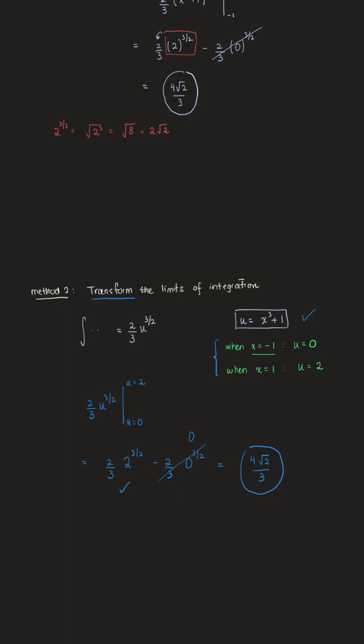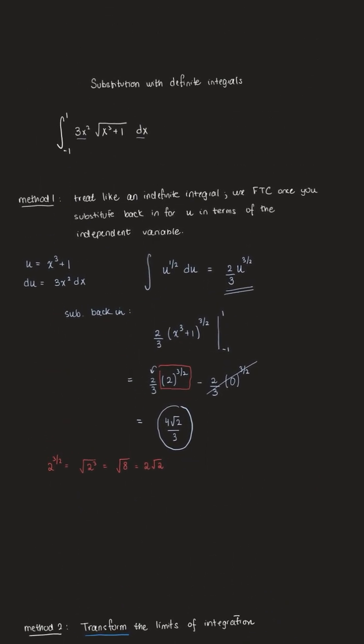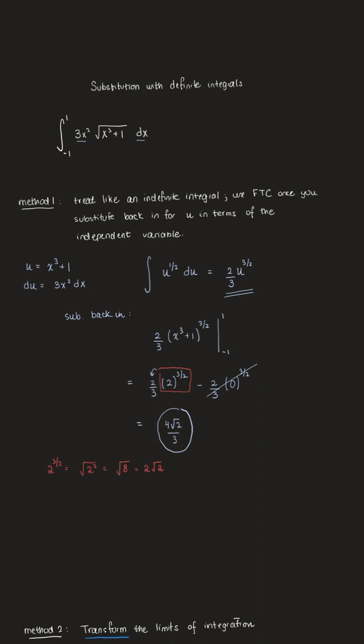Once I've substituted for u, I change everything to a u integral, including the limits of integration, and then apply the fundamental theorem of calculus. And by that I mean evaluating the antiderivative at the upper limit minus evaluating the antiderivative at the lower limit. And that gives us a couple of different methods to use to find definite integrals using substitution.